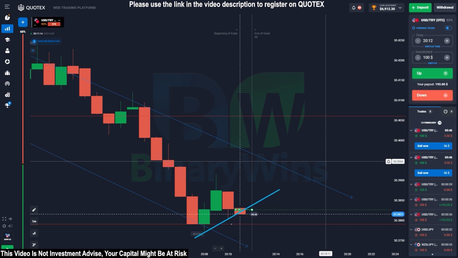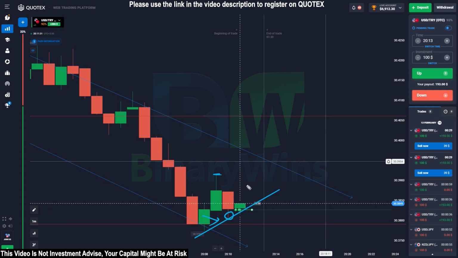If you look here, we have a range of buyers. The candle received a rejection from the trend line. A new high was formed for us on the previous candle, and the trend and candles are moving inside this channel.